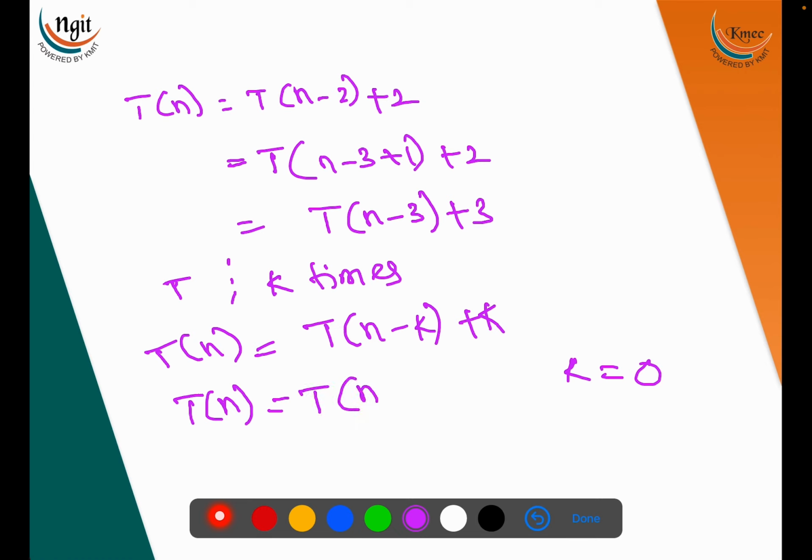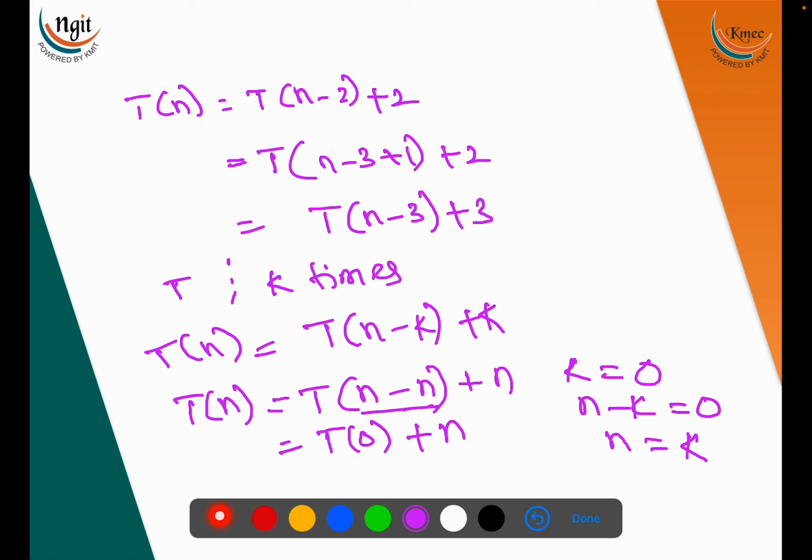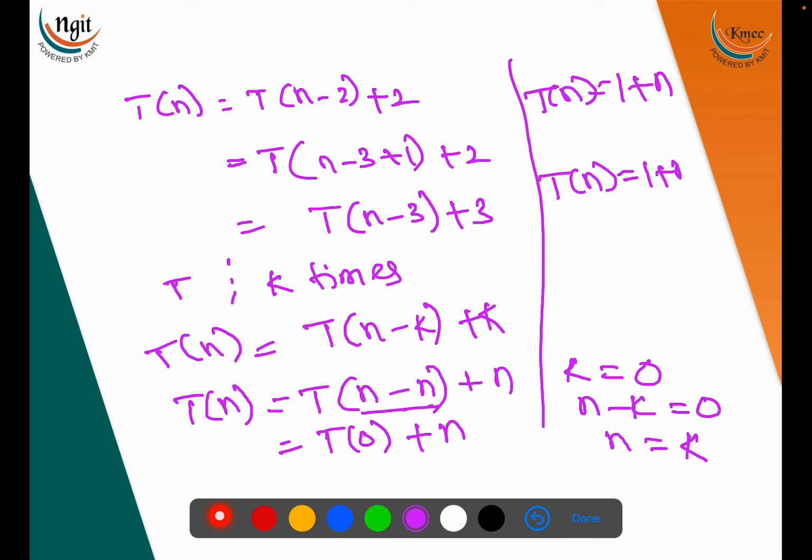T of n minus n. When n minus k is equal to 0, n is equal to k. Now, T of n minus n plus n. T of n minus n is T of 0 plus n. Now, T of 0 is what? T of 0 is 1, so 1 plus n. So, finally, T of n is equal to 1 plus n.